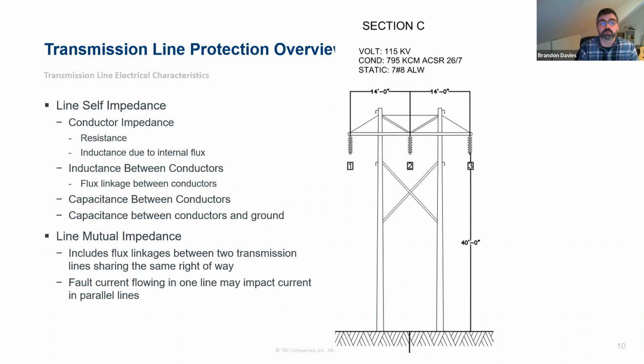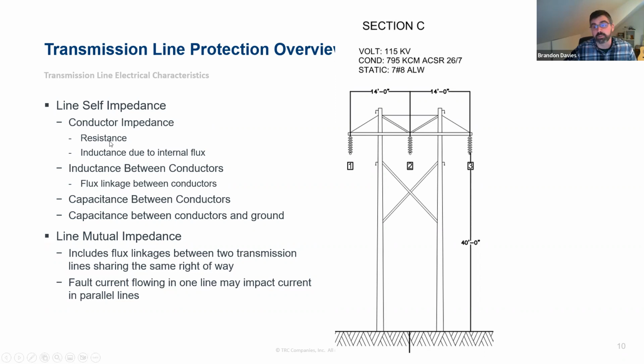It's not that simple, because there's a lot of other things going on with a transmission line. So certainly the conductor's impedance itself is a big piece of the electrical calculation of a transmission line's impedance.